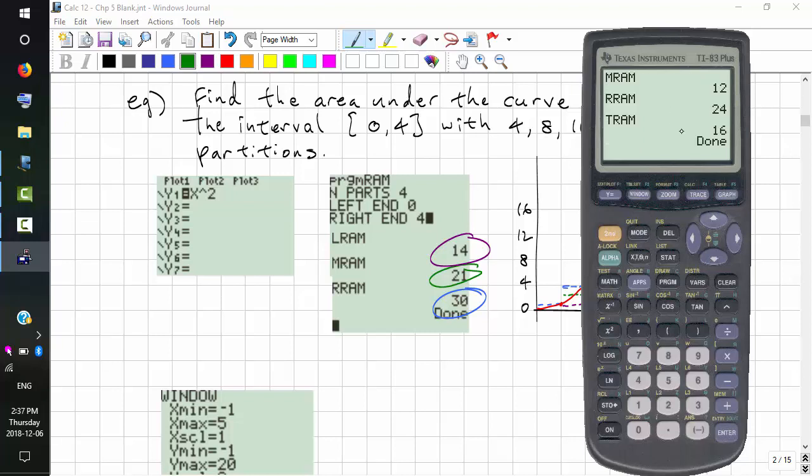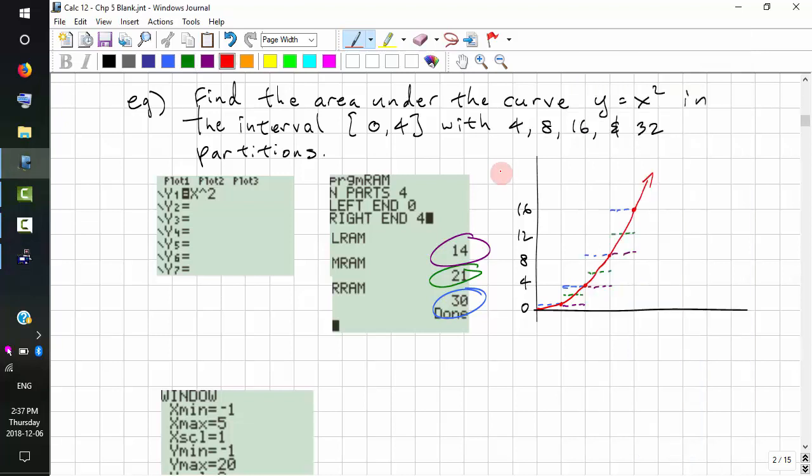The program was already running, so I just have to press enter one more time. And partitions, 4, and we're going from 0 to 4. Okay, so we end up with these values here. Just run it again, enter. Enter one more time. 8, 0, and 4.